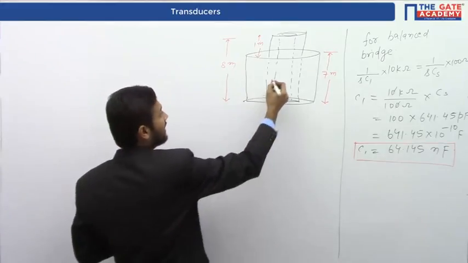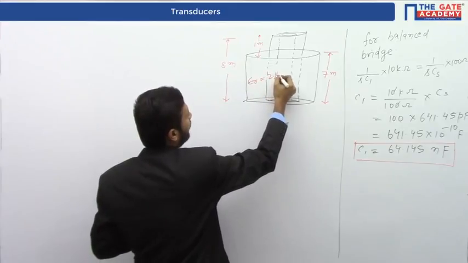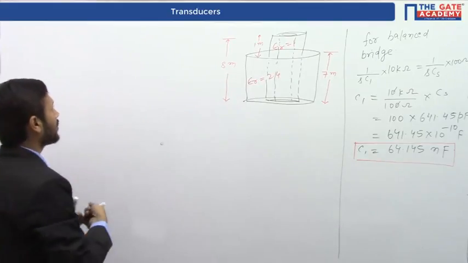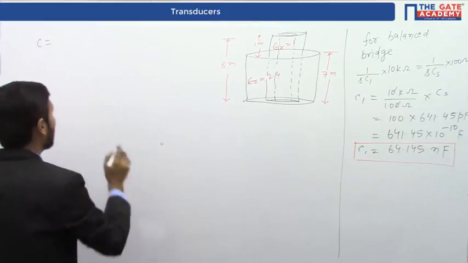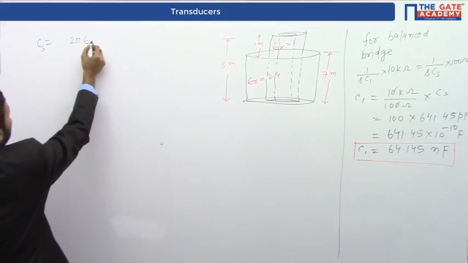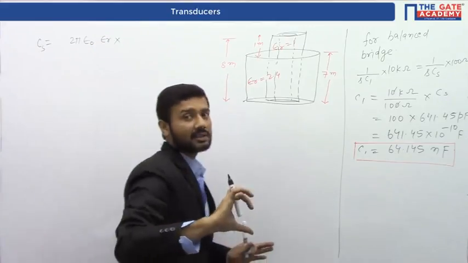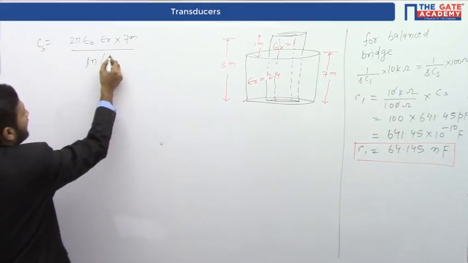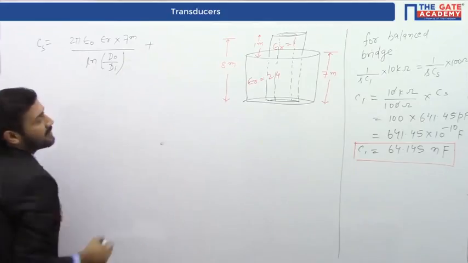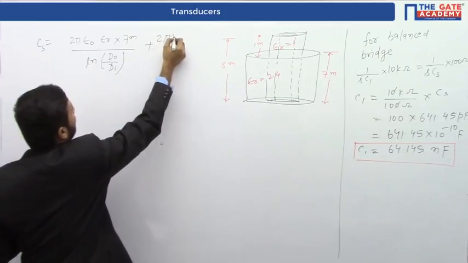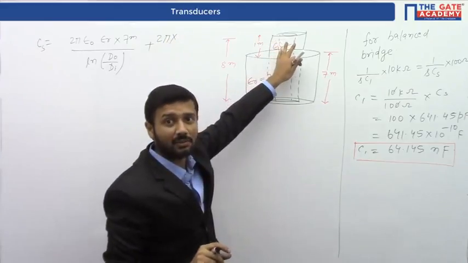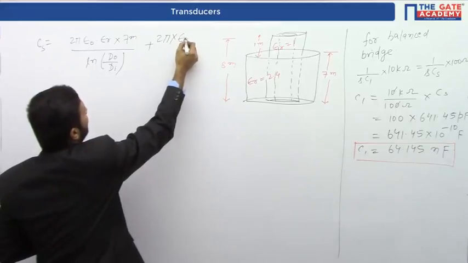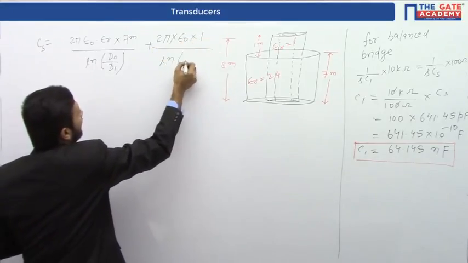For liquid, the permittivity is epsilon r equals 2.4, and for air epsilon r equals 1. So the total capacitance Cs will be 2 pi epsilon naught into epsilon r into 7 meter by ln d naught by di, plus 2 pi epsilon naught into 1 into 1 meter by ln d naught by di, since for 1 meter height the air is the medium.